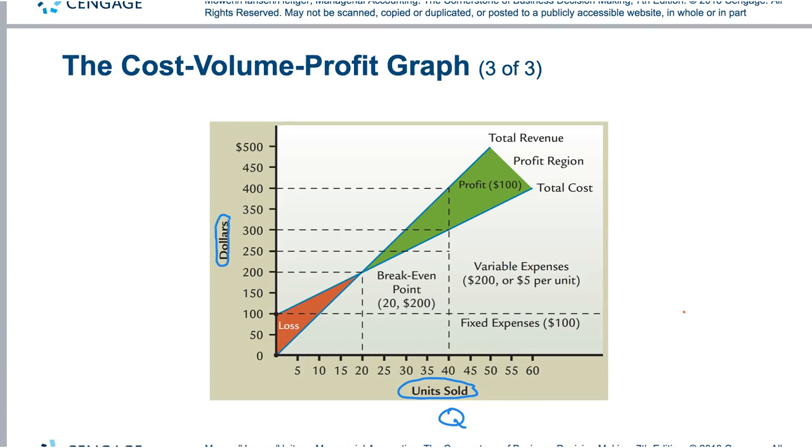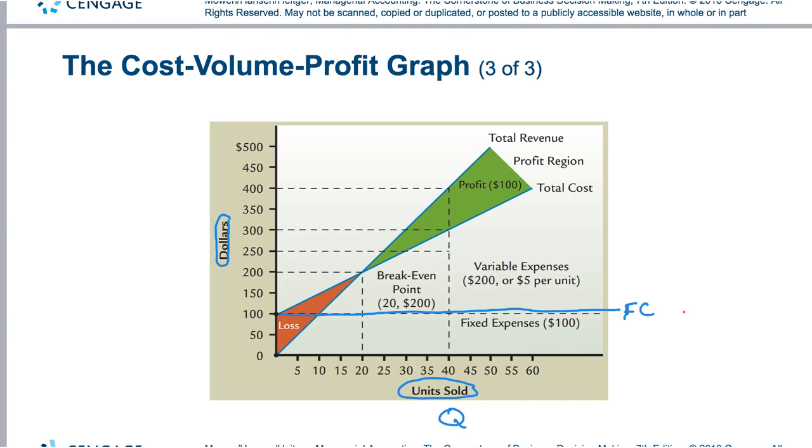So that's why we're not naming the vertical axis sales dollars or cost dollars, right? And so we have fixed expenses, right? So this is what we're looking at here. Here's our fixed expense line or fixed cost line. This should look like economics, right? Here's our fixed cost, right?